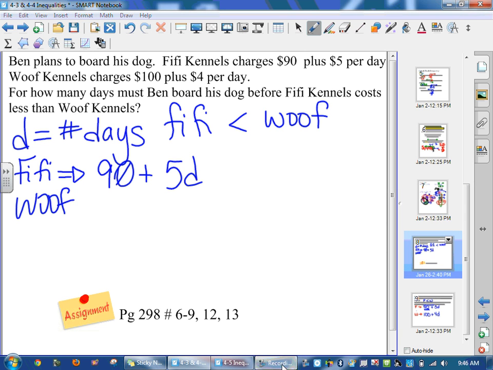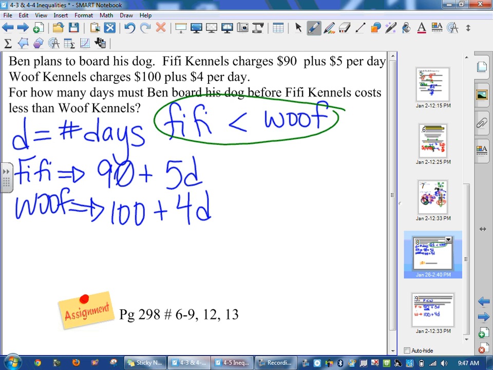So we need to set our equation up as PP being less than Whoop. So the PP part is going to go on the left of the equation, and the Whoop is going to go on the right. So we've got 90 plus 5D is less than 100 plus 4D.